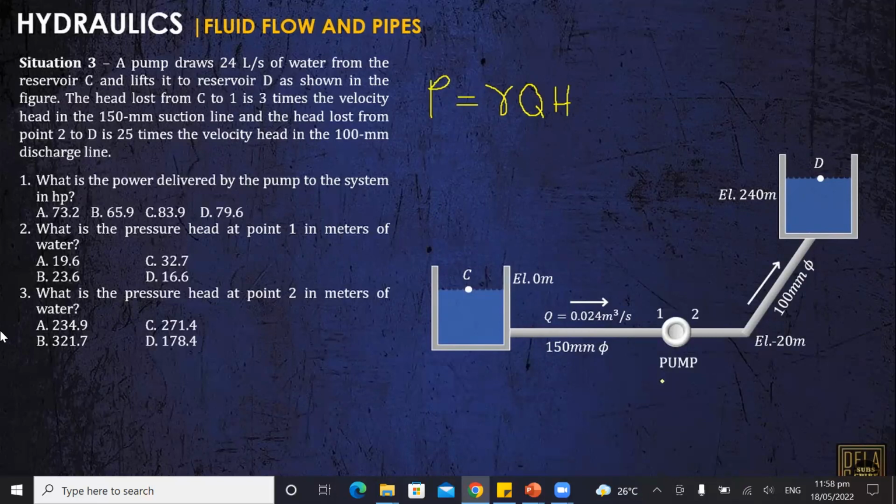But, ito yung i-take note nyo. Pag reservoir, if this is the water line, then the velocity here, the velocity of flow, is negligible. So, that means that the velocity at point C is 0. Okay? Always yan basta reservoir. And also, since that is a water surface or a free surface, the pressure head is equivalent to 0 rin.